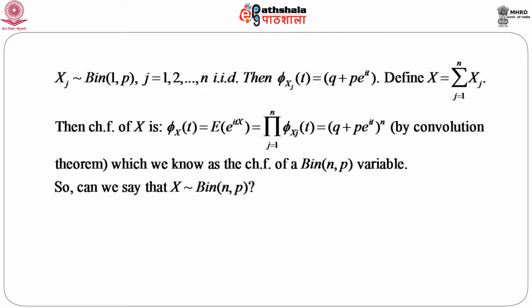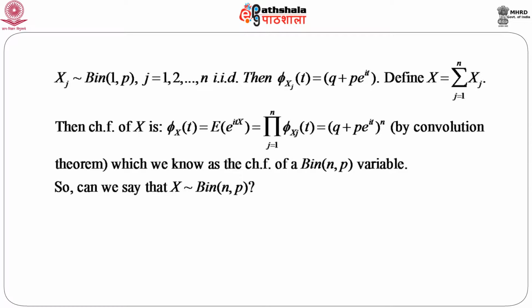Since they are independent, and fortunately in this case identically distributed, the characteristic function of X can be written as phi X of t, which is the expectation of e to the power i t X. If we replace X by the summation of X j, then we can write this as a product of e to the power i t X j, and since X 1, X 2, ..., X n are independent, e to the power i t X 1, e to the power i t X 2 and so on are also independent.